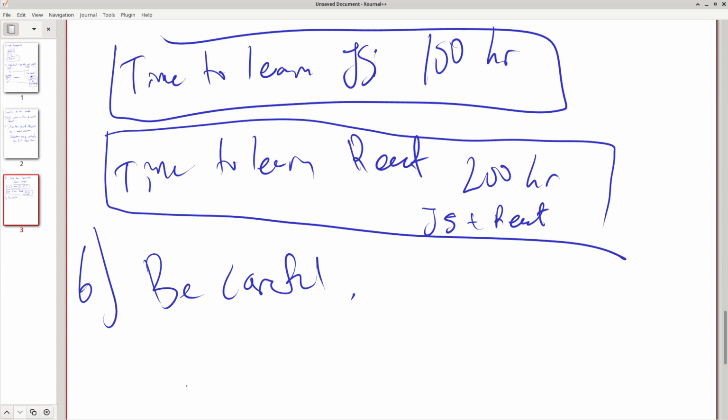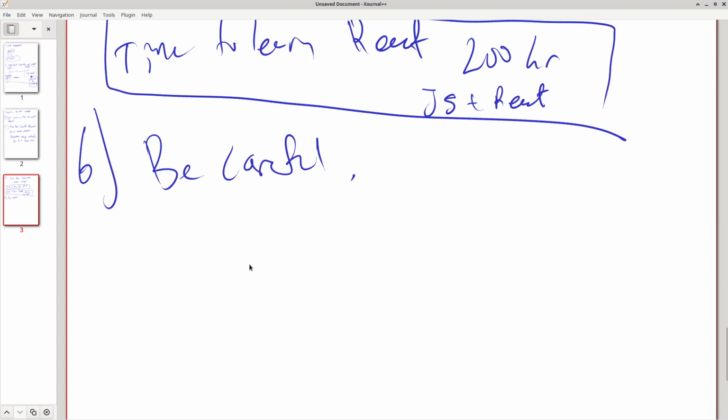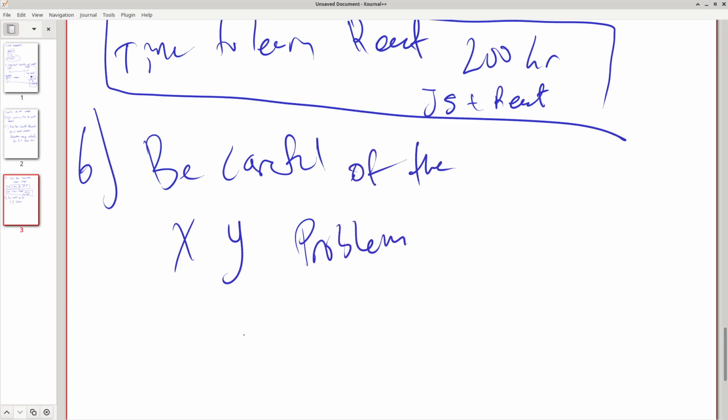Sometimes this is due to underqualified people answering questions, but also it's due to you as the asker not really knowing what question you should be asking. So this also relates to the XY problem. Be careful of the XY problem and bad answers and bad info.